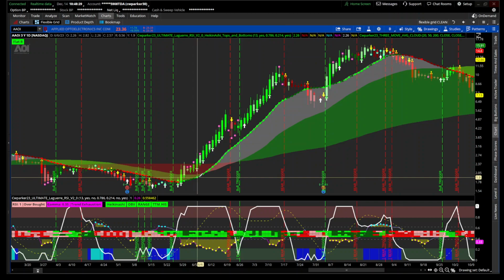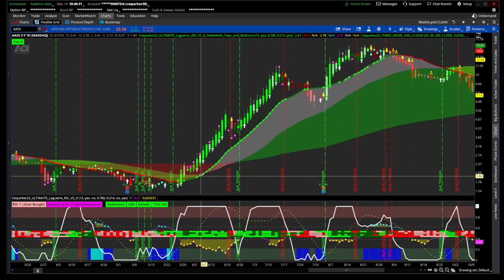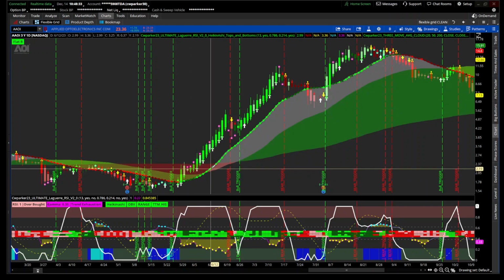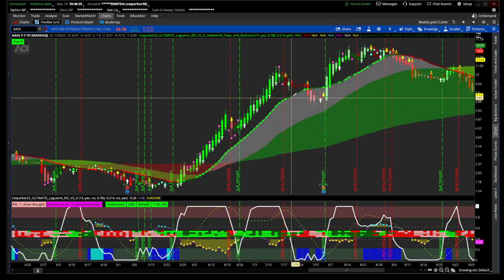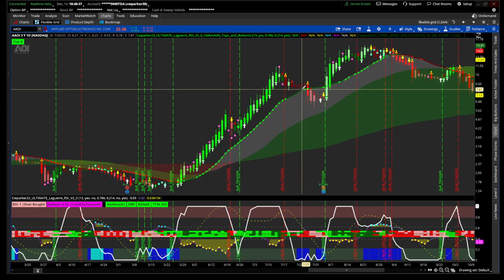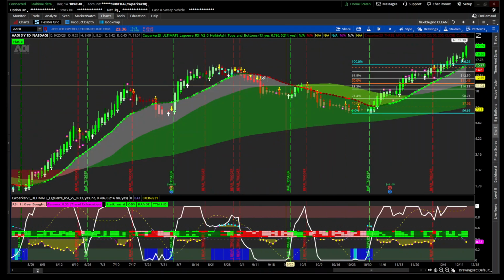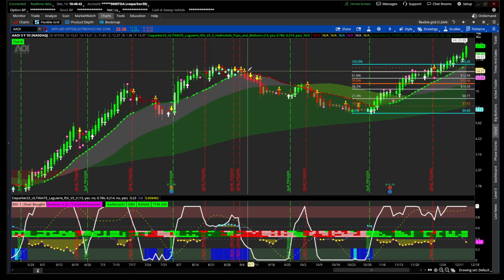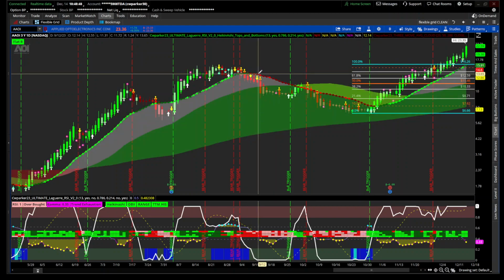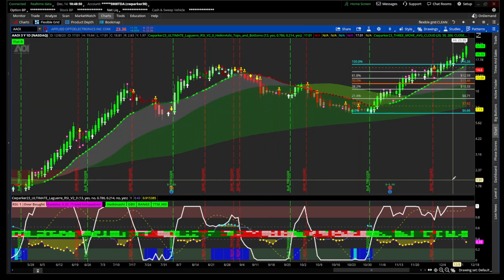But once price average is moving up and volume average is moving up, you'll get bright green. And you can see where it kind of slowed down here. And the exact opposite, if price is moving down, volume average is not moving up, you'll get dark red. And if price average is moving down and volume average is moving up, you'll get this bright red.